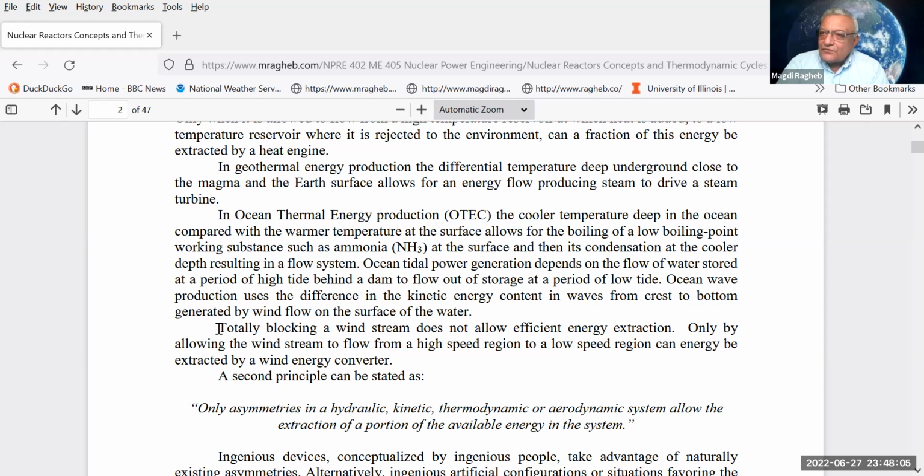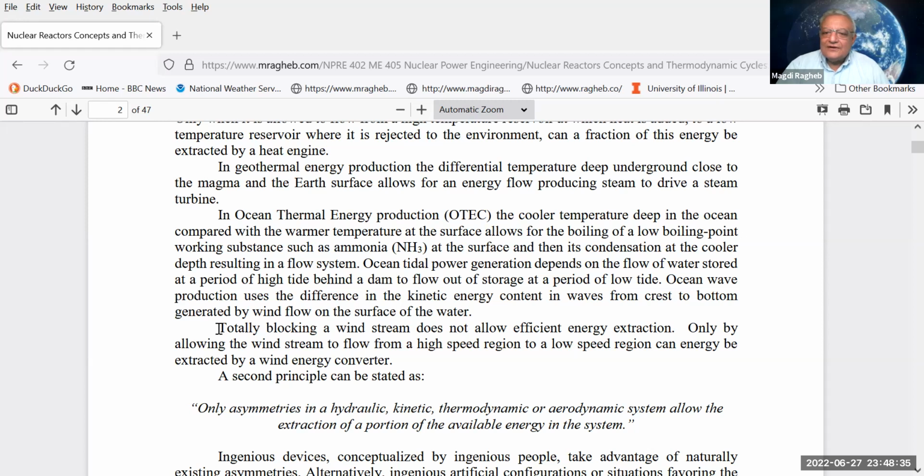If you get a totally flat surface and try to block totally the wind and have no rotation of the blades, you cannot extract energy from the wind. What you do there is simply slow down the speed of the wind from upwind of the wind turbine to downwind of the wind turbine and let the wind flow. If you do not allow the wind to flow, you cannot extract energy from the wind.